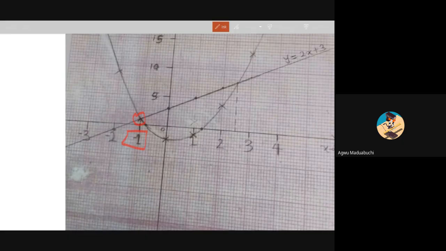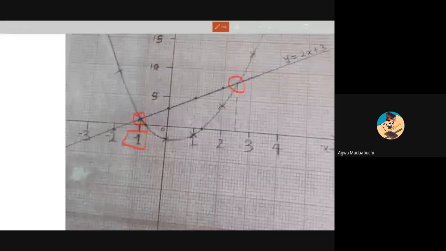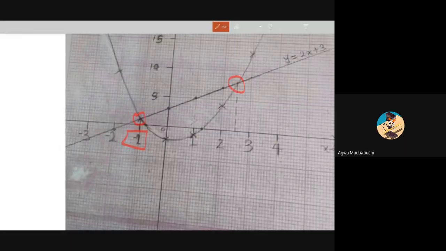Then if you look at this, how many lines after 2? This is 1, 2, 3, 4, 5 lines after 2. So that will be like 2.5 at this point. So the root of that equation is what? Negative 1 or 2.5. So that's the answer.